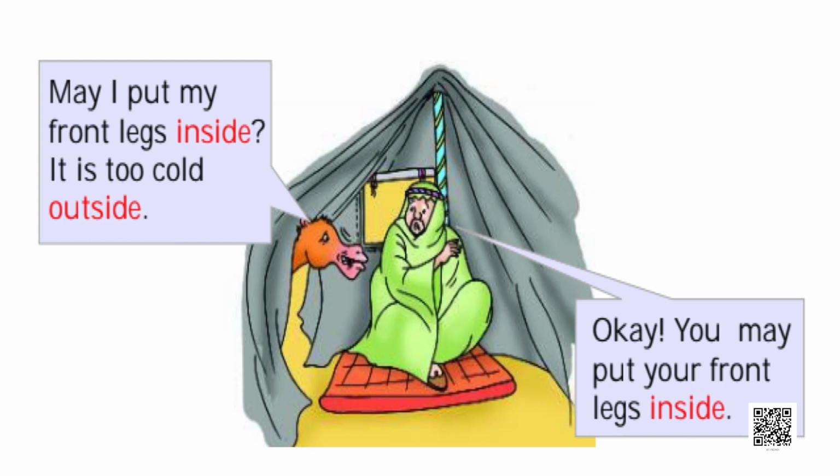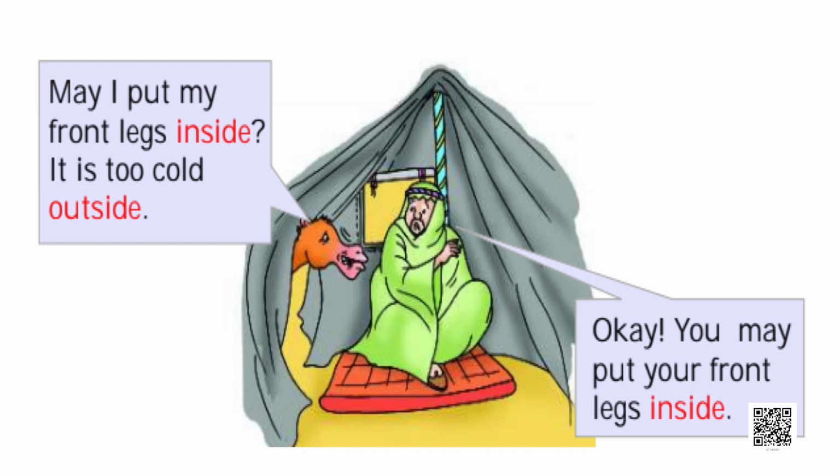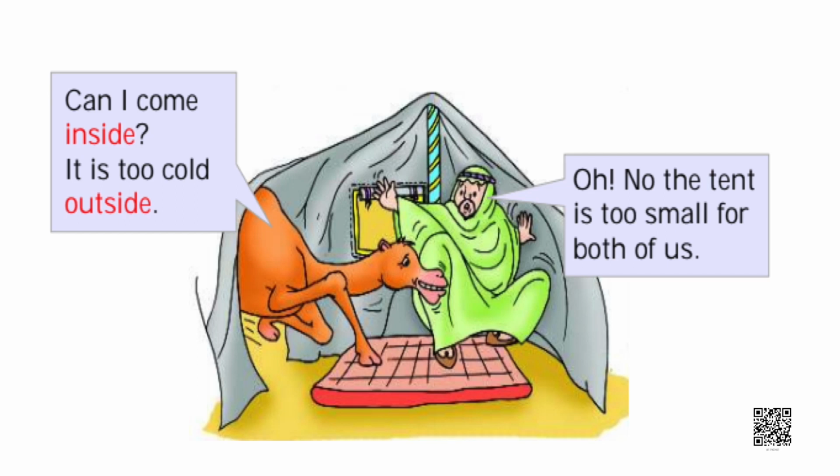After some time, the camel said, "May I put my legs inside? It is too cold outside." The Arab said, okay, you may put your front legs inside. Then, after some time, the camel asked, "Can I come inside?